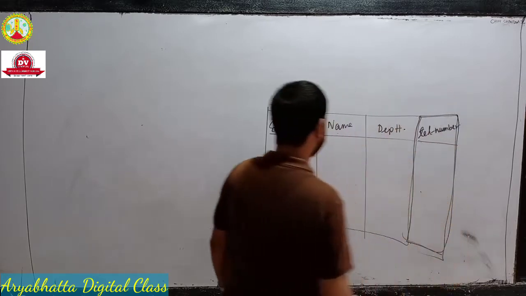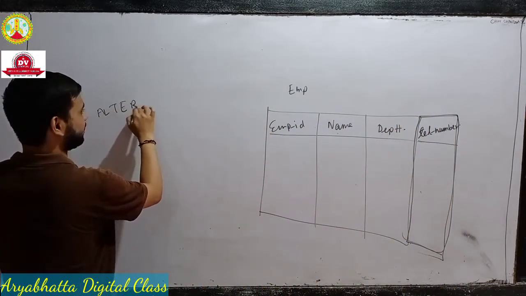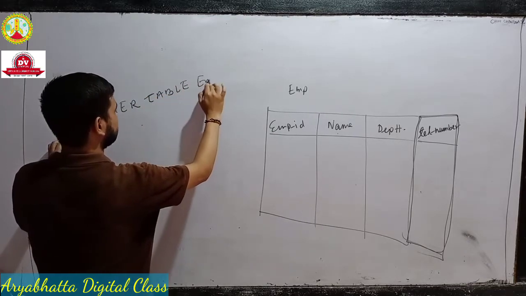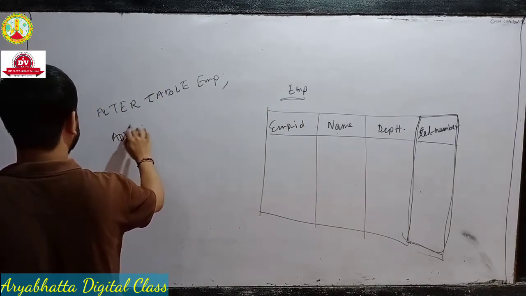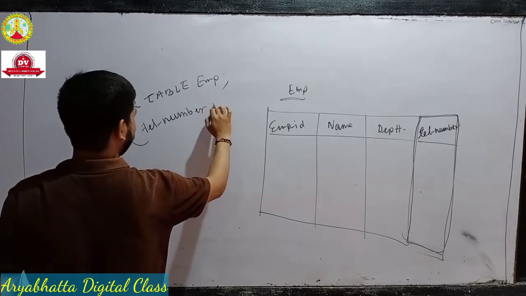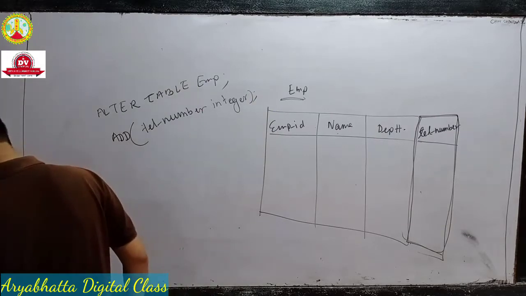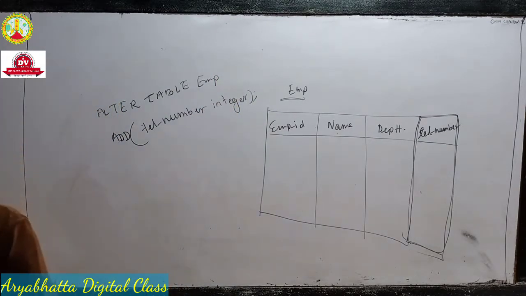Now how can you add it? First of all you write alter table, then the table name, emp. After that you write add tel number, and the tel number data type is integer. Sorry, there is no semicolon here. Alter table emp add tel number integer.